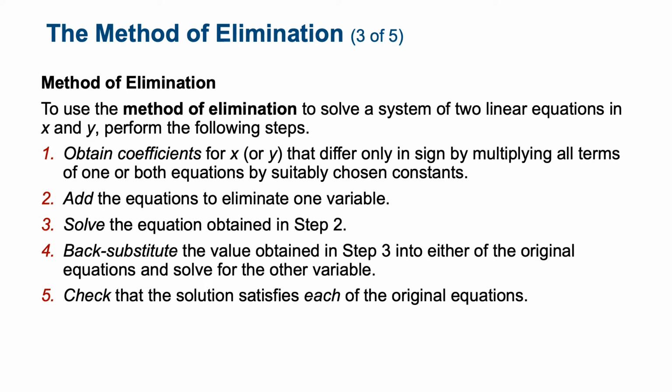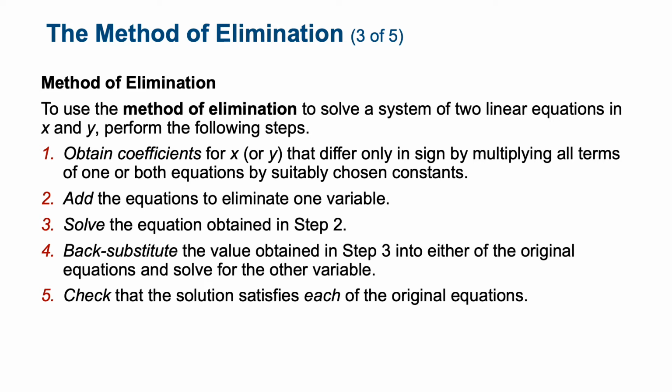Okay, so what is the method of elimination? Here are the steps. First of all, you have two linear equations. We need to have coefficients for x or y that are exactly the same except one is negative and one's positive. If it's not like that, we need to multiply whatever we have to do to get them to be the same.